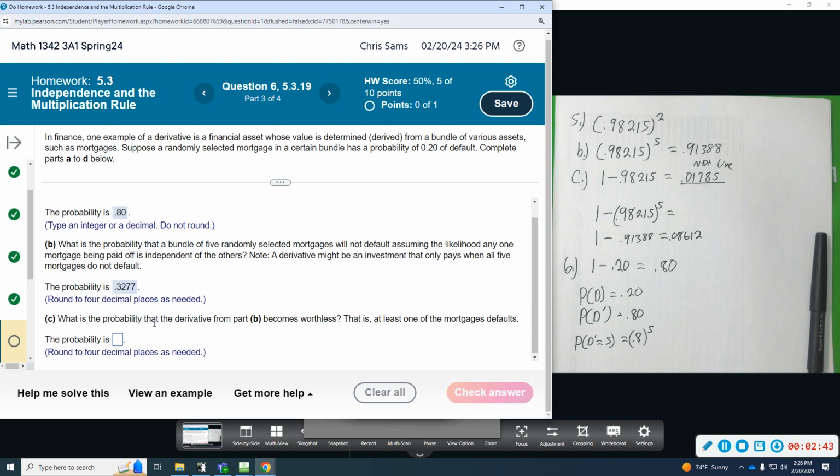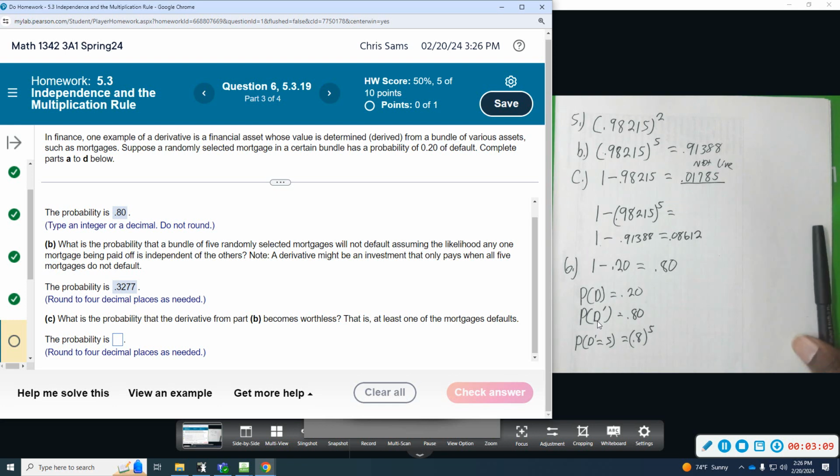What is the probability that the derivative from part B becomes worthless? That is at least one of the mortgages defaults. So one or more default is the same as 1 minus none of them default.